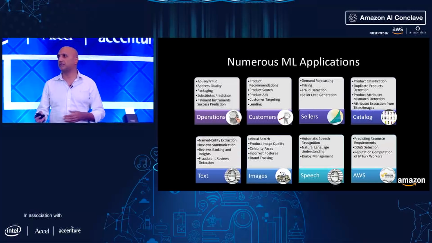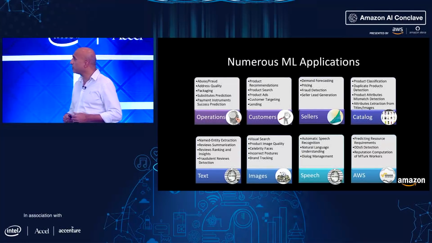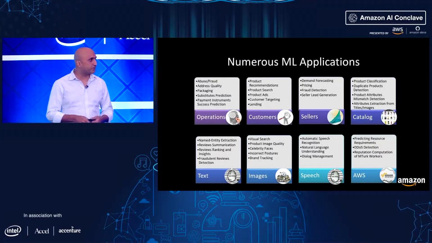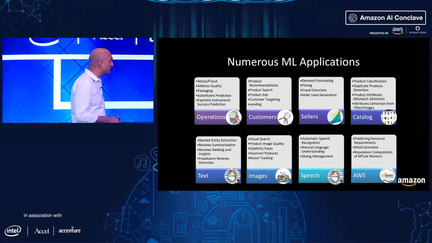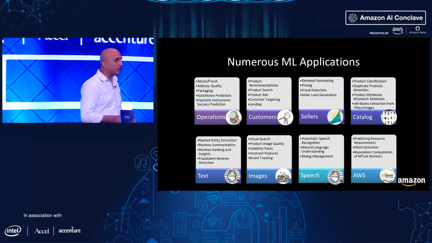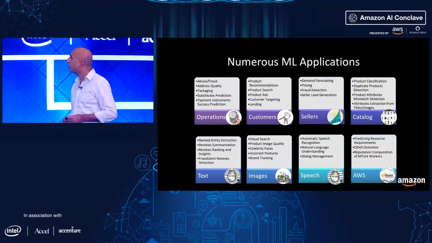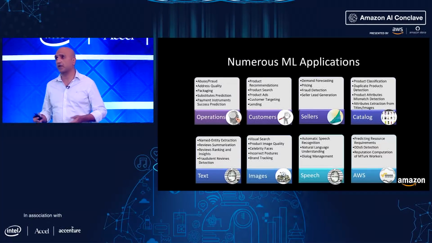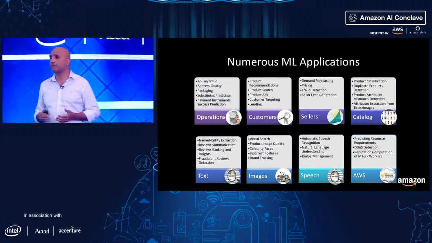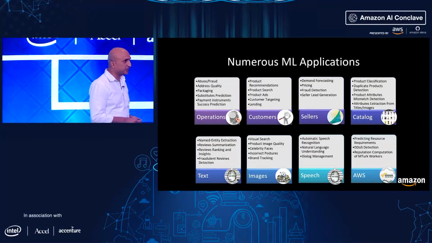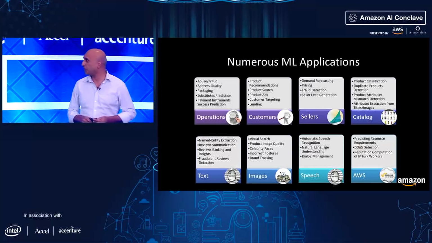from AWS and retail. We're also using machine learning to improve the experience for all our customers, our sellers, and also to improve the quality of our product catalog. We have a giant catalog with close to 200 million products right here in India and billions of products across the world.